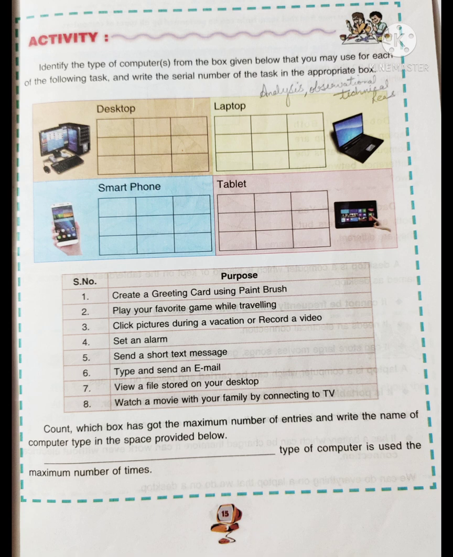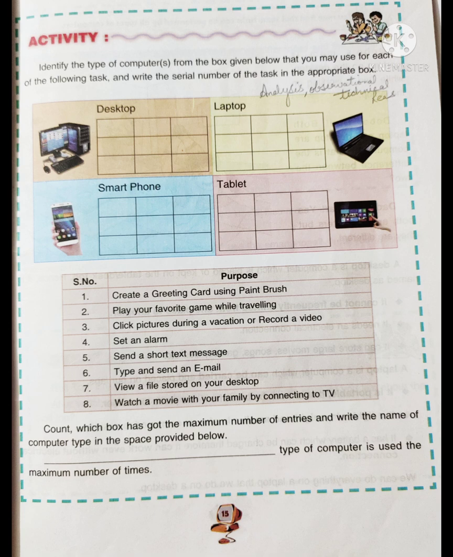You will count which type of computer has got maximum points, and its name you will write here in the space provided. It can be that you have got the same points for 2 types of computers, so you will write both names putting a comma in between, and you will complete this activity on page number 15.